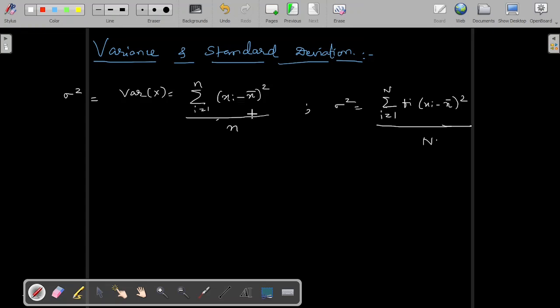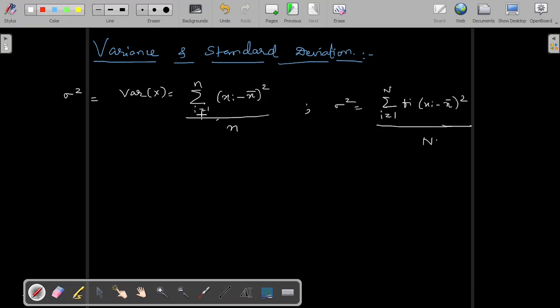Here we directly calculate the square, because square of any number, whether it is positive or negative, is always positive. So variance is the average of the square of deviations of the values taken from the mean. It is taken always from the mean. That is called variance.